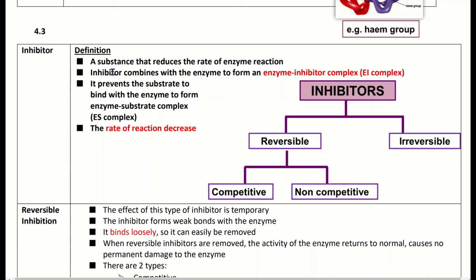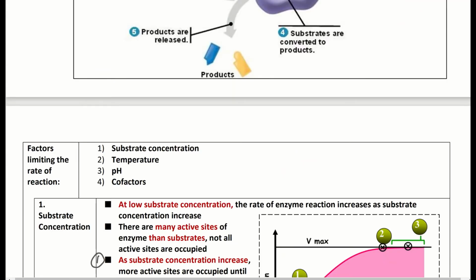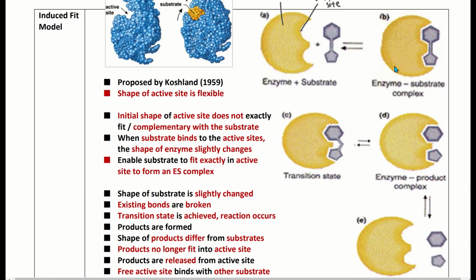Okay, so inhibitor ni bila dia bind dekat enzyme, dia akan jadi enzyme inhibitor complex, EI complex. Okay, so bila dah ada EI complex, kita tak boleh nak form enzyme substrate complex. Okay, so kalau you tengok gambar ni, ini enzyme bind dekat substrate, kita panggil enzyme substrate complex, ES complex.